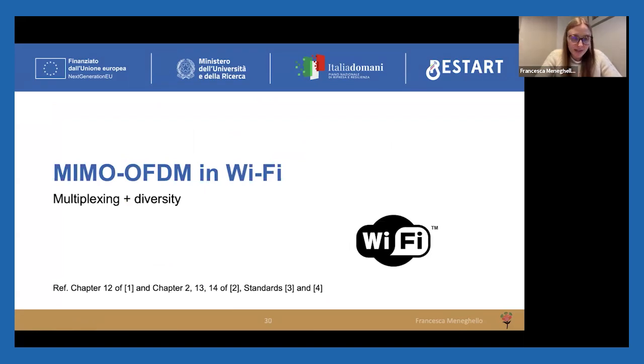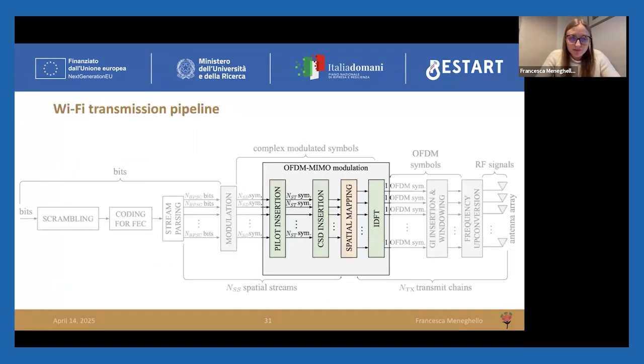So let's now see how this is implemented in Wi-Fi networks. So here is the general pipeline of Wi-Fi transmission, starting from the bits here on the left to the radio frequency signal here on the right, that are transmitted through the different antennas.